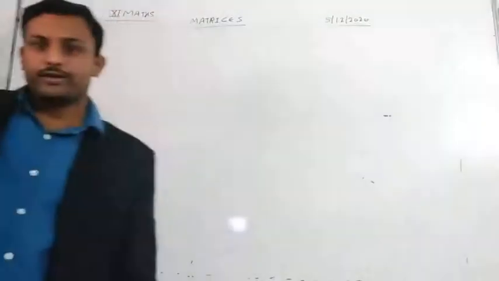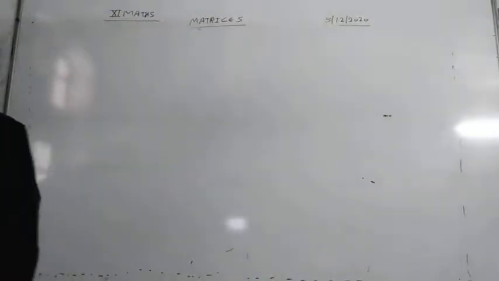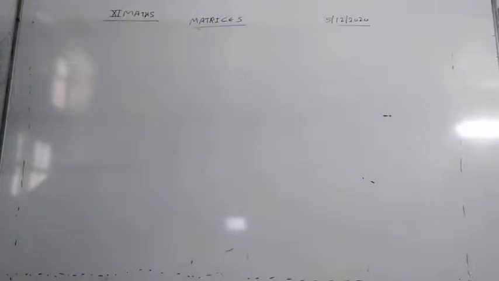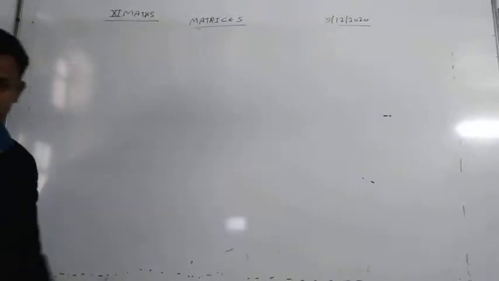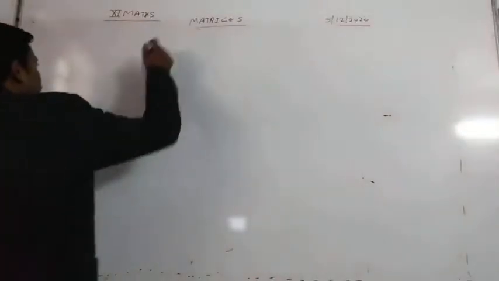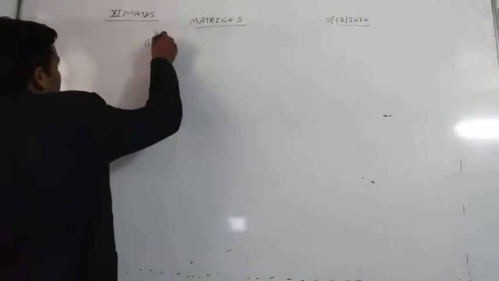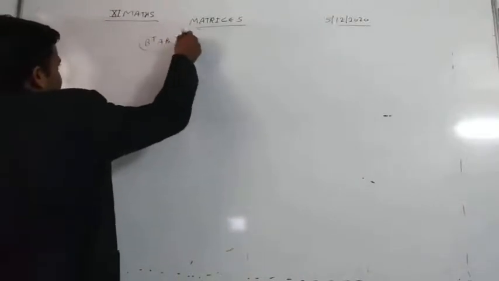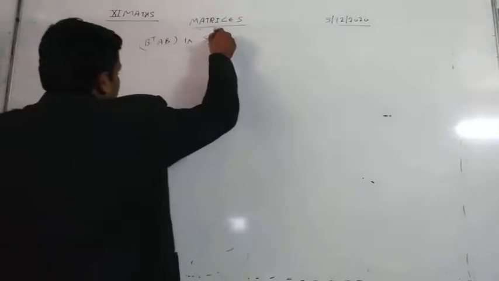Our next question is to show that the matrix B transpose AB is symmetric or skew symmetric according as A is symmetric or skew symmetric. So we have to show that B transpose AB is symmetric.